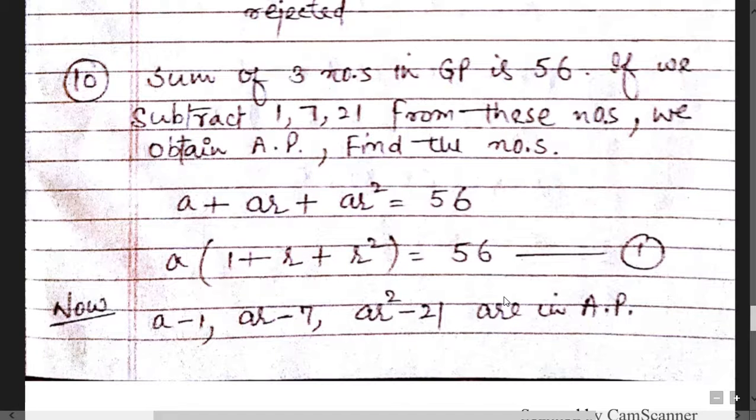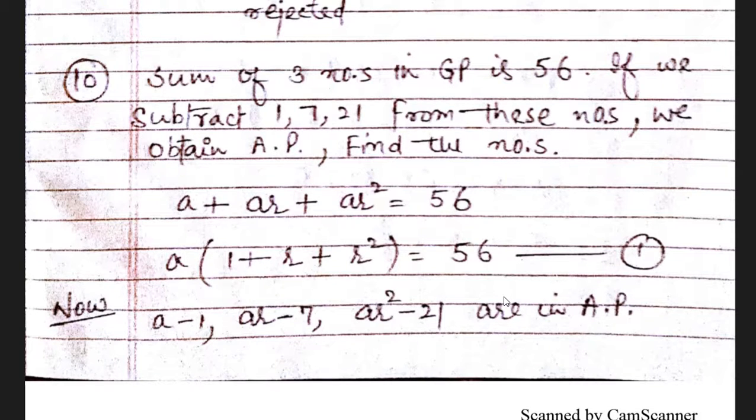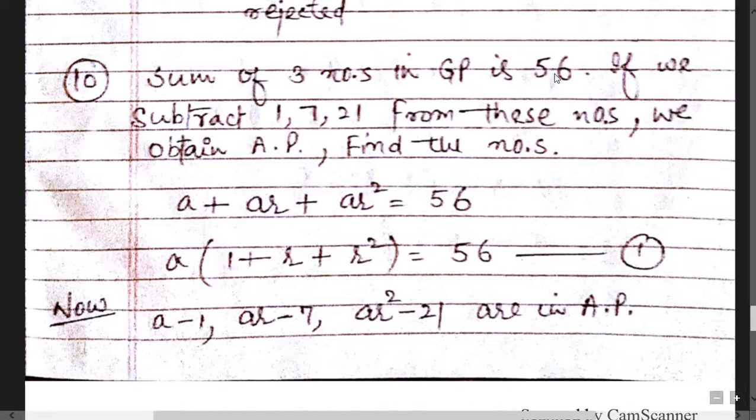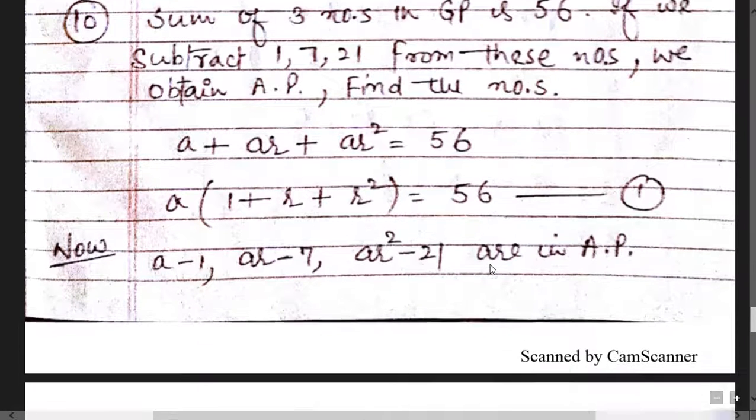Question number 10. The sum of three numbers in GP is 56. It means a plus ar plus ar square is 56. If we subtract 1, 7 and 21 from these numbers, the result is in AP. Find the numbers. Taking a common, you can write a into (1 plus r square) is equal to 56.